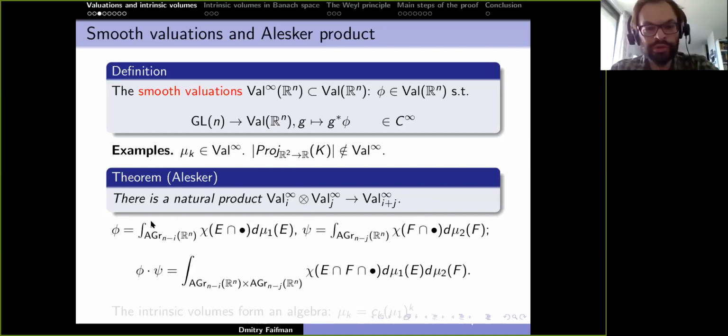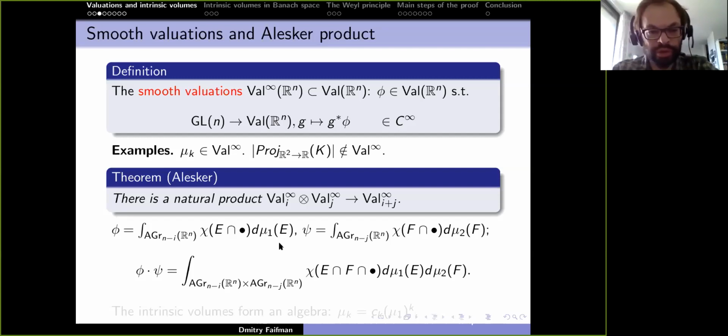So consider a valuation which is given by a Crofton integral, which is similar to the Crofton formula we had before, except instead of taking the Haar measure on the affine Grassmannian, which is invariant under the rigid motion, I just take some measure, the one which is assumed translation invariant, so that I get a translation invariant valuation, but it's no longer assumed rotation invariant, right?